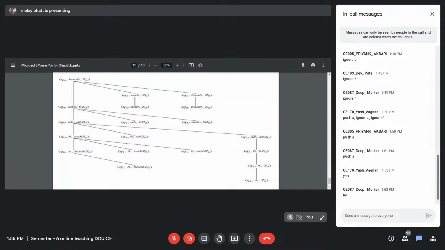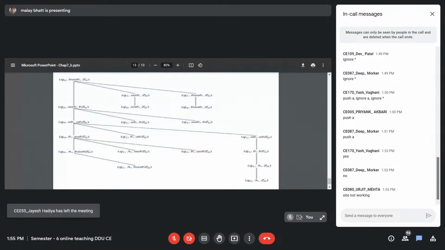Also, your marks of TAFL are uploaded on the e-governance site. So I think you have got that. Yes, have you got your marks of TAFL? So that is also you can check. The site is working. I think the issue is with the browser.